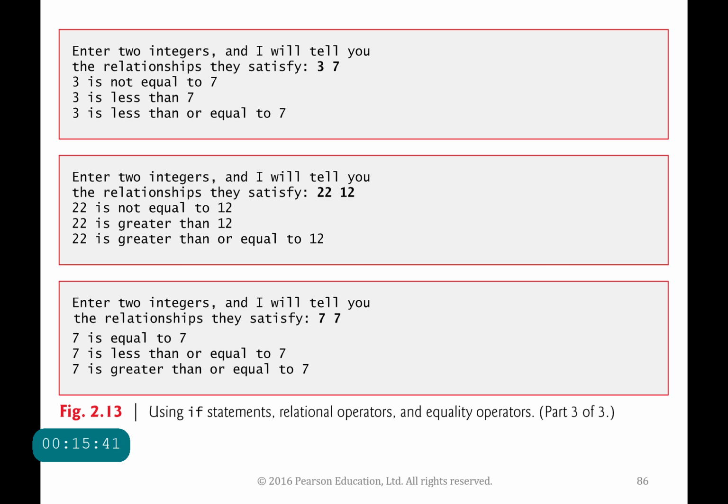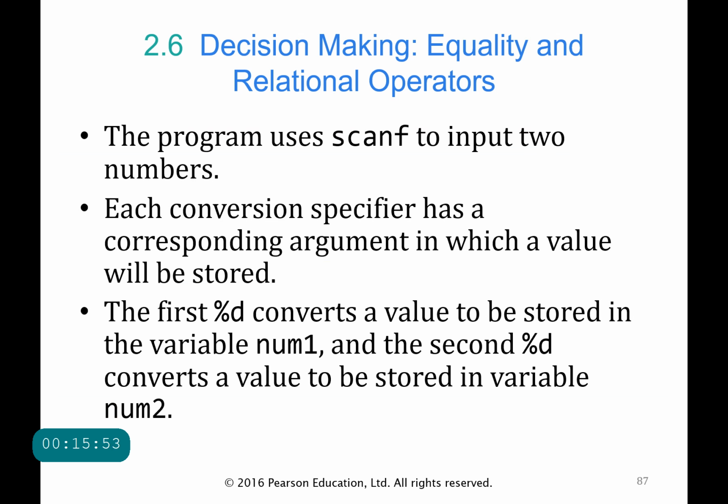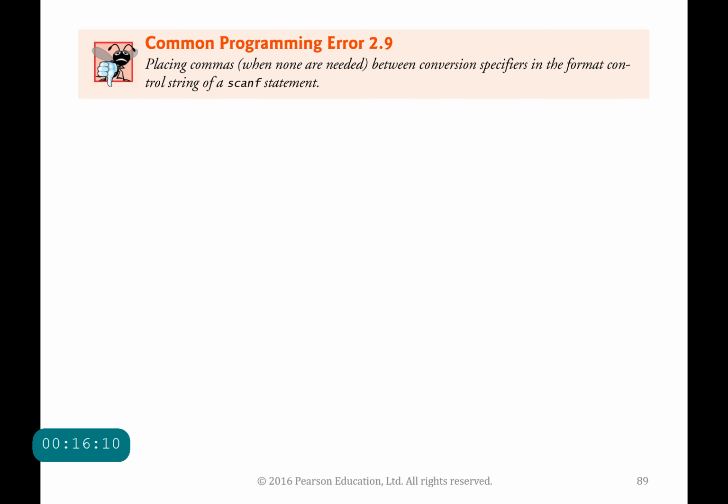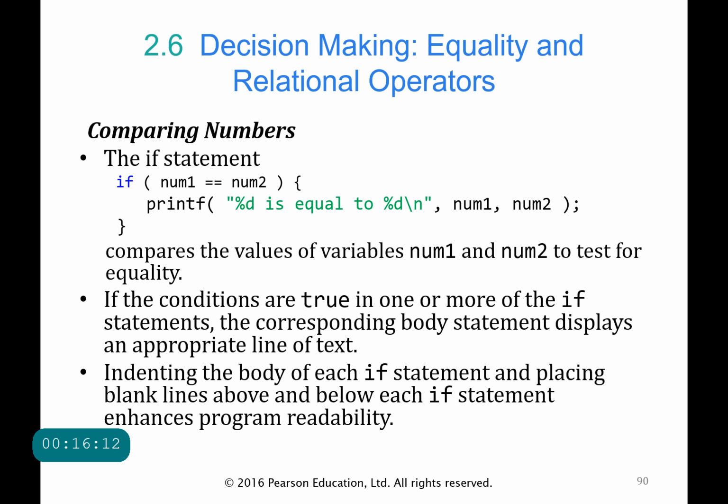So here are some sample outputs, and you can read these later, but they seem to indicate how the whole program works. This program uses scanf, and I've explained how scanf is working. So what is being said here is, yes, you can use scanf to input more than one variable. And then the printf statement obviously prints out something.